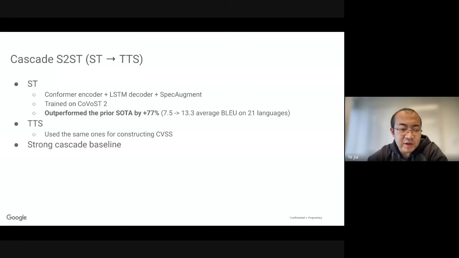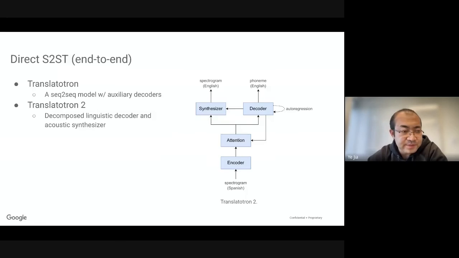The ST model we built is based on a Conformer encoder and LSTM decoder. We use SpecAugment as data augmentation. The model we built outperformed the previous state-of-the-art trained on the same dataset by 77%. So it's a huge improvement on the translation quality. So the cascade baseline we built is very strong.